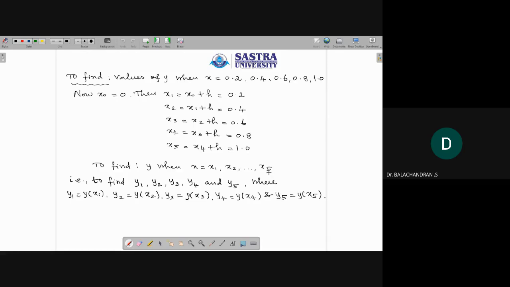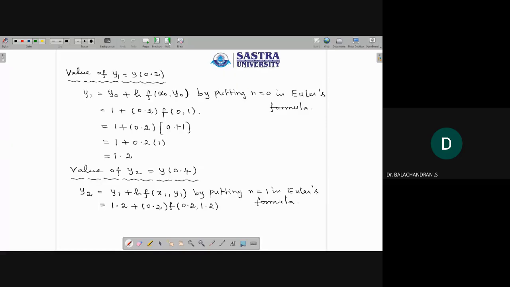That is, we need to find y1, y2, y3, y4, y5 corresponding to the values of x1 to x5. So y1 means y of x1. Similarly, y5 means y of x5. So the value of y1, that is y of 0.2, we are going to calculate.